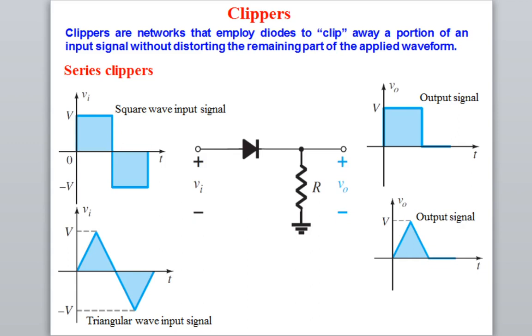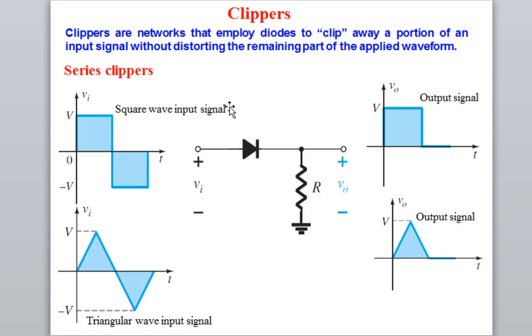So here you are given a circuit. If you remember the half wave rectifier, it had the same circuit, so this is quite similar to the half wave rectifier. I gave a numerical problem earlier where one diode is used, in case of the half wave rectifier.